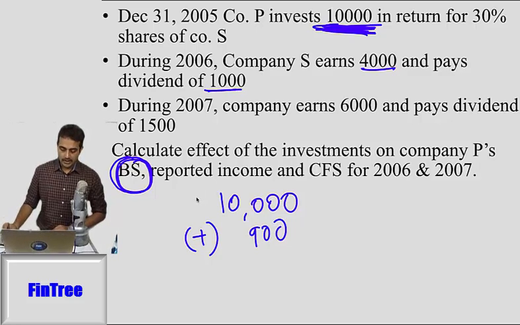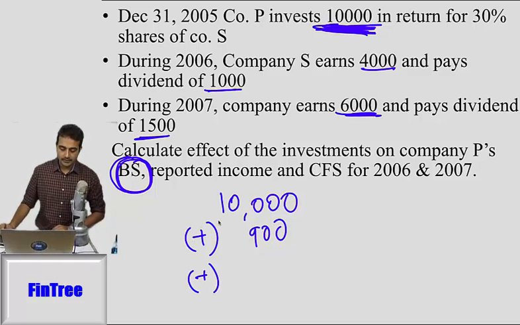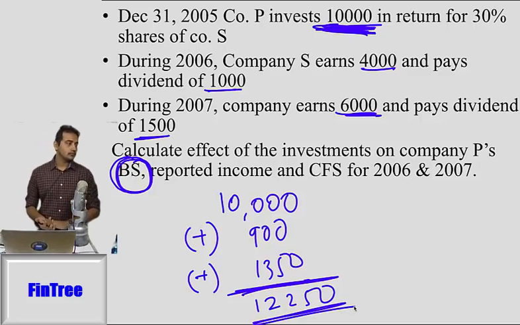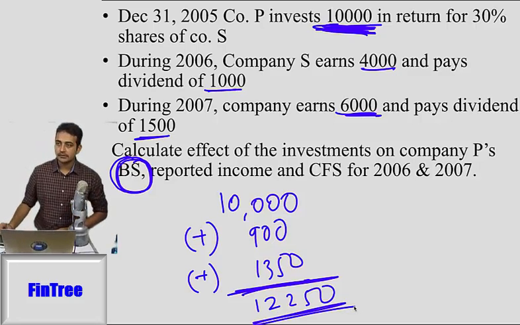Agreed? Next year 6,000 and 1,500, so 4,500. 30% of that is 1,350. That gets added here, and how much is that? 12,250. That should be the value of the investment. Is that clear?